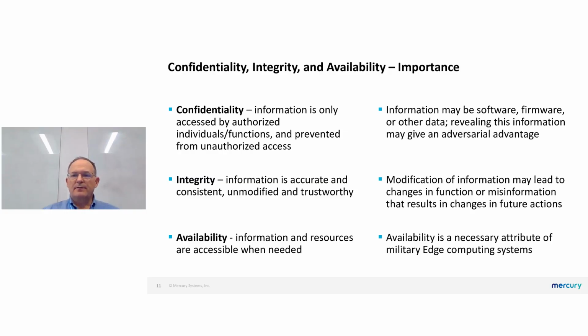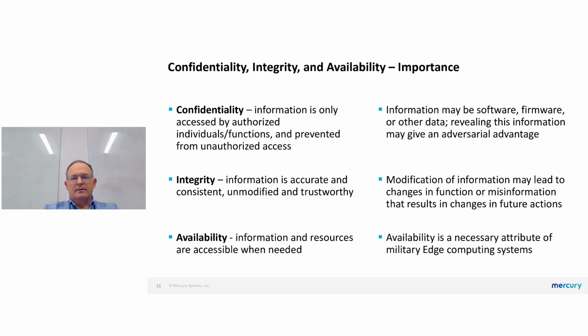Talking a little bit more about the importance of these factors in confidentiality, what is the information there and why is that important? That information in an embedded system, an edge system, may be software or firmware, or it may be other data, things like AI weights or coefficients that are used for an AI system.